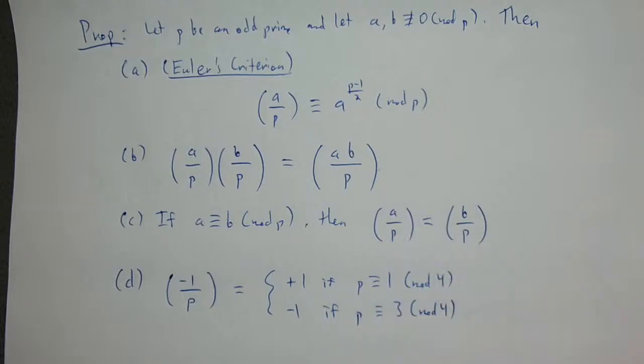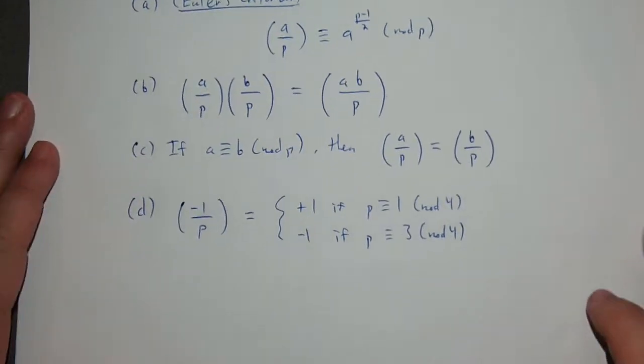So A on P is equal to B on P. And then this last one tells me a quick way of saying whether or not -1 on P is +1 or -1. So if P is congruent to 1 mod 4, it's +1. If P is congruent to 3 mod 4, it's -1. Okay, so let's see why these things are true.